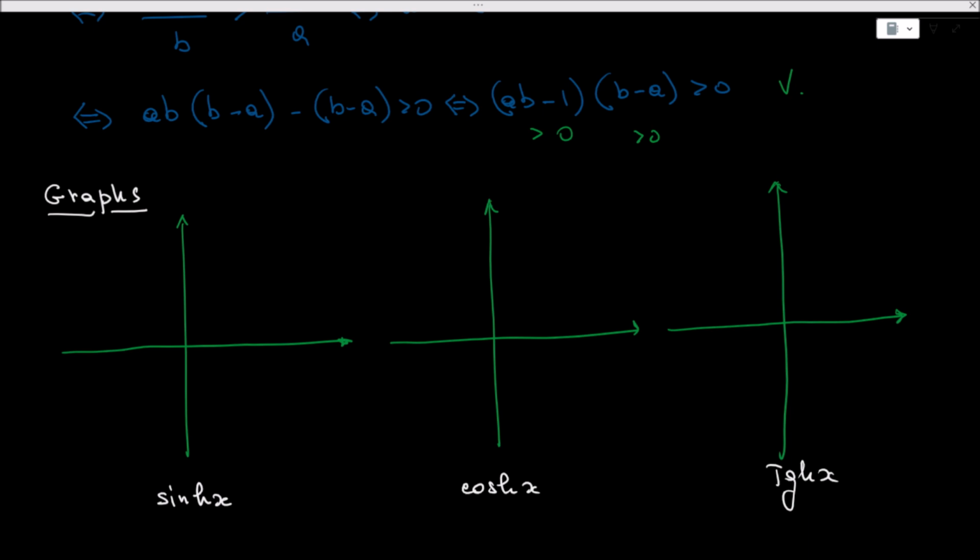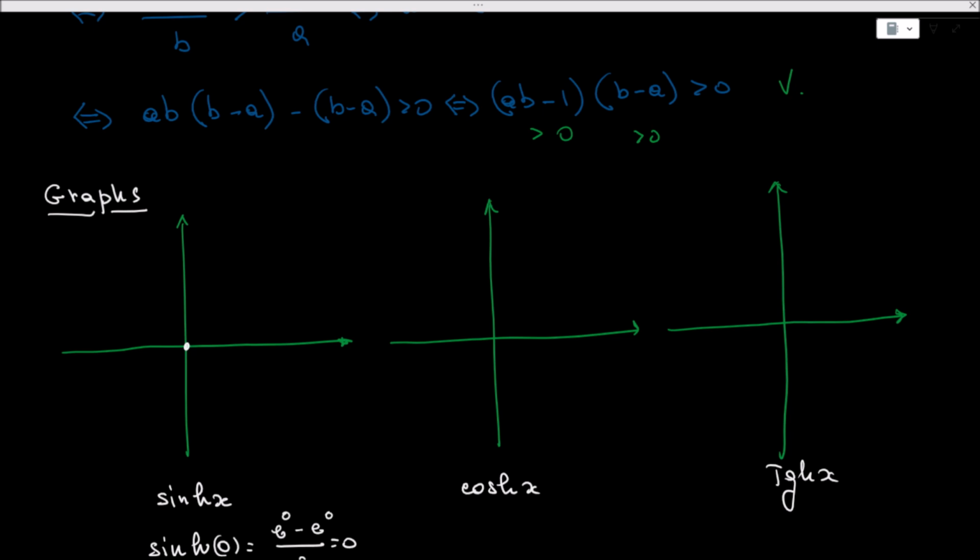Now we know that the hyperbolic sine of 0 is e to the 0 minus e to the minus 0 divided by 2. So clearly this is 0.